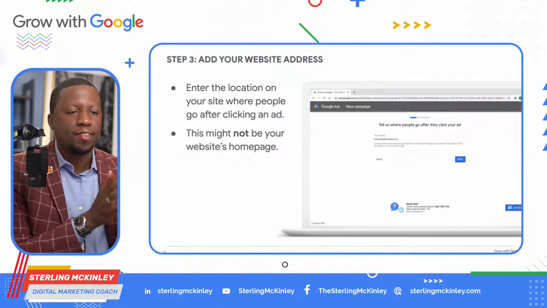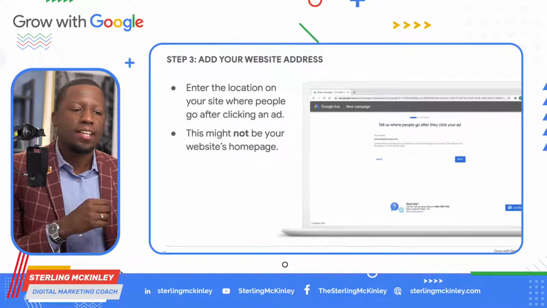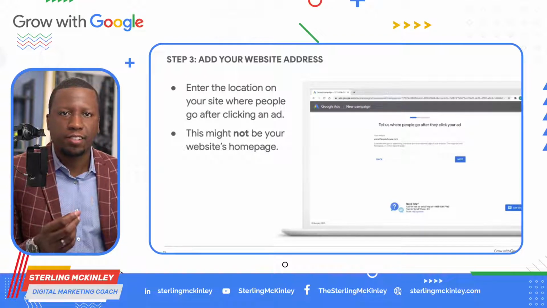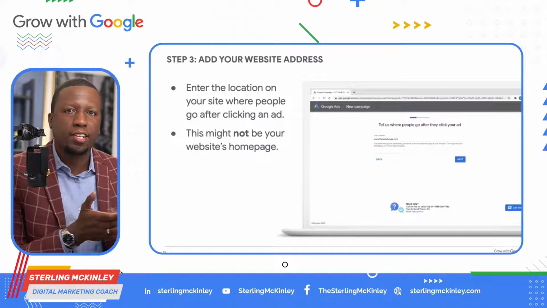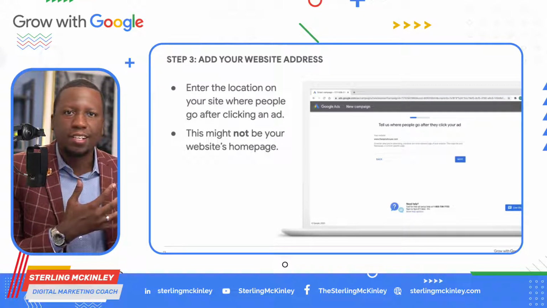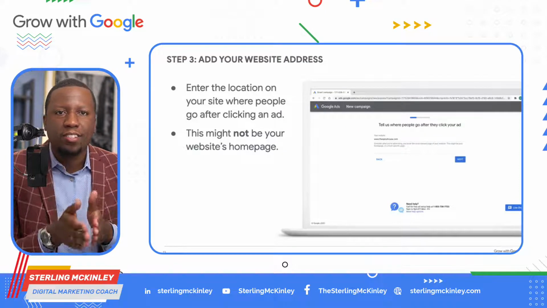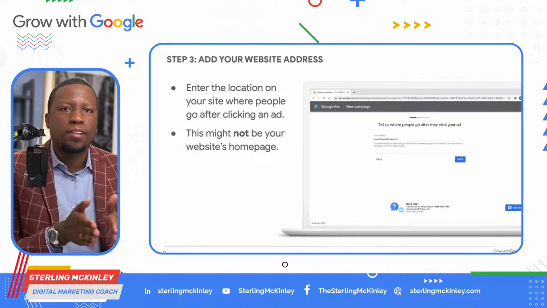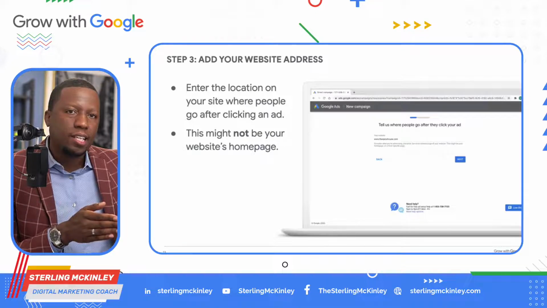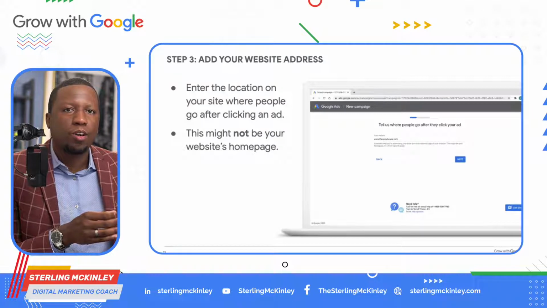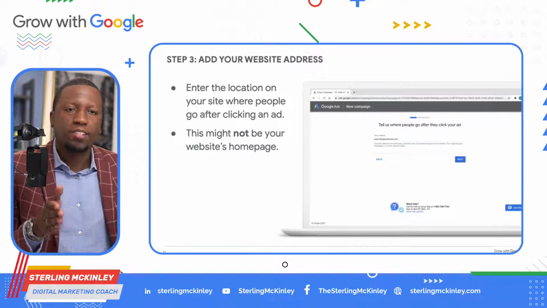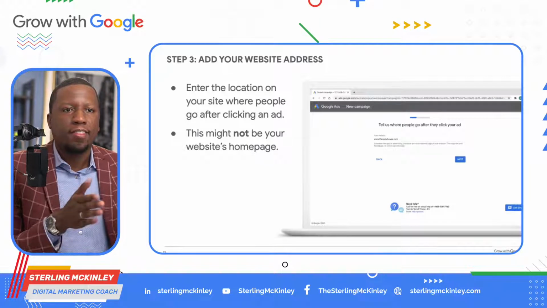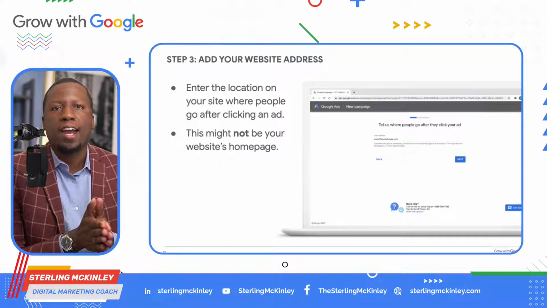So once again, if I click on an ad about a restaurant about fish, and it goes to a page about chicken, that's not good. So you want to make sure that your ads are talking about the same thing that you're linking the ad to. So if you're talking about fish, send people to a page talking about fish because that's going to improve your ads.